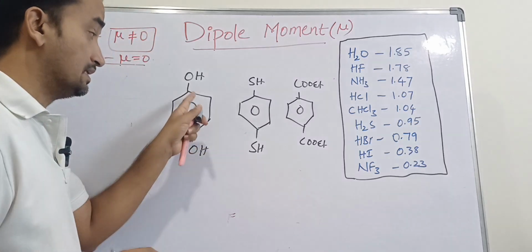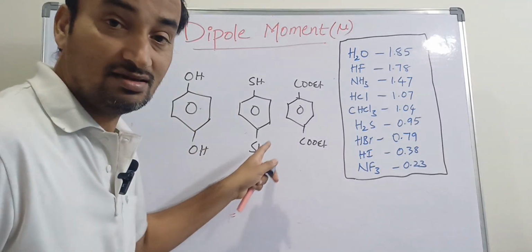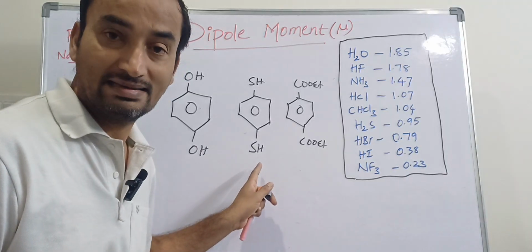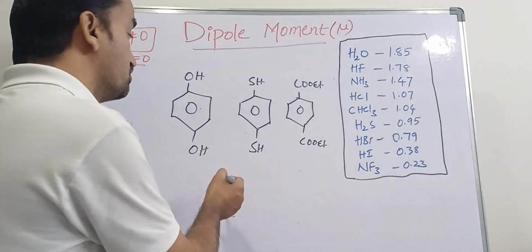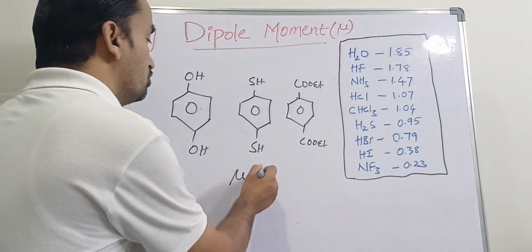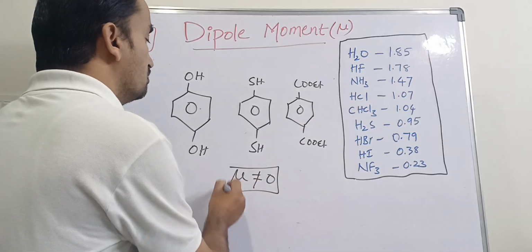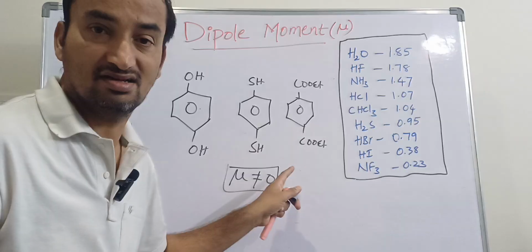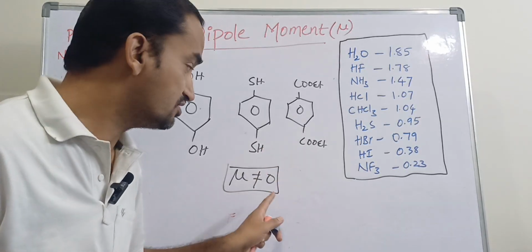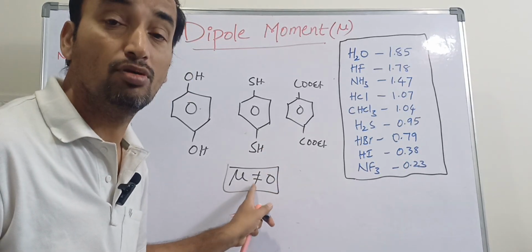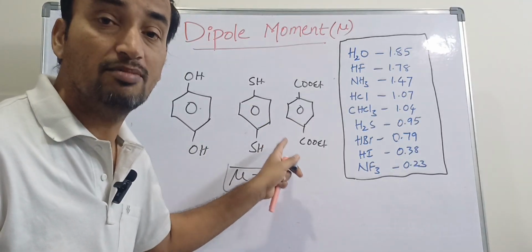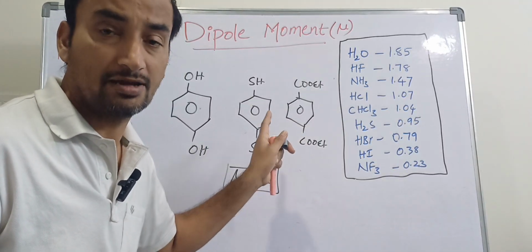Why? Because here you think that their dipole moment is 0, but this is not true. They possess dipole moment mu not equal to 0, because they are unsymmetrical in nature. That's why they possess dipole moment.